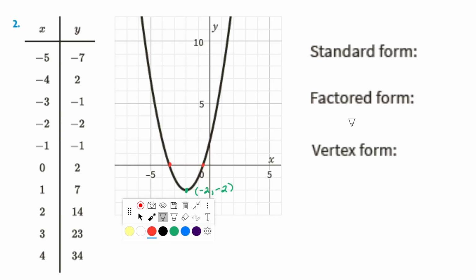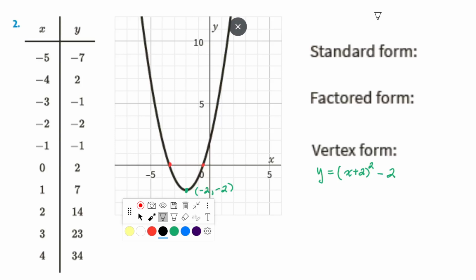In this case, I'm going to start with the vertex form. y equals, and just like the last equation, it will be x plus 2 squared, opposite of the negative, and then this time we have a minus 2. The vertex was down 2 units. I'm going to use the vertex form to help me get the standard form.